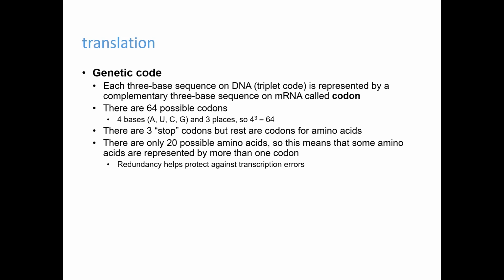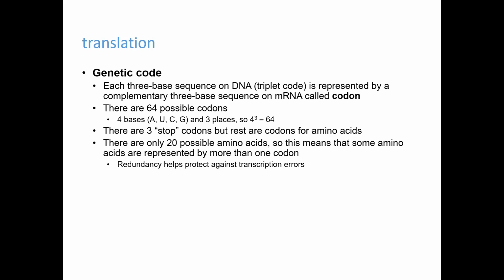Now what makes it interesting is that there are only 20 amino acids. So if we have 61 codons, that means that we have some redundancy.